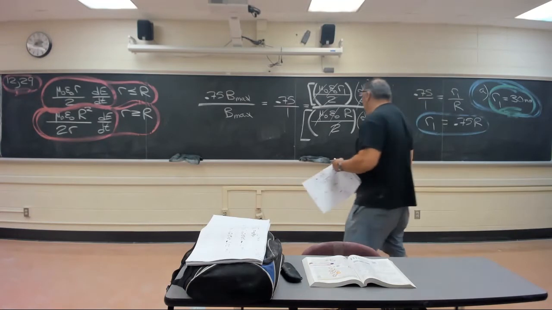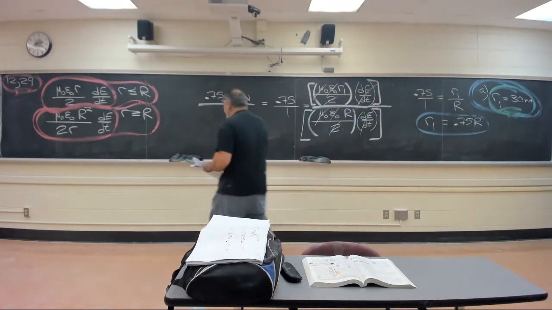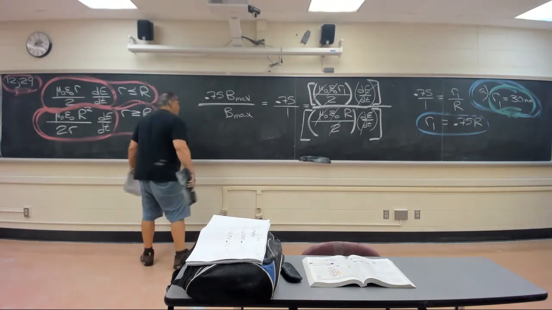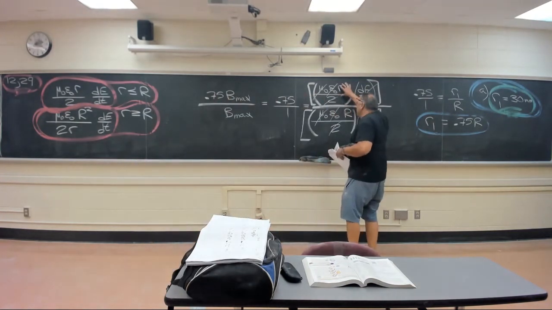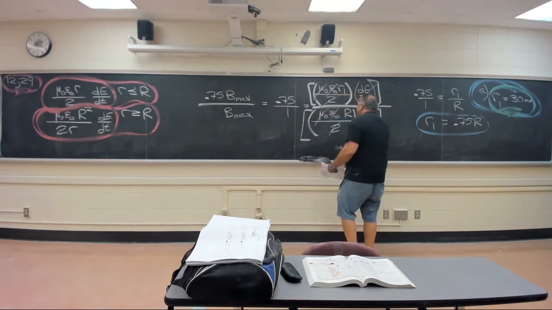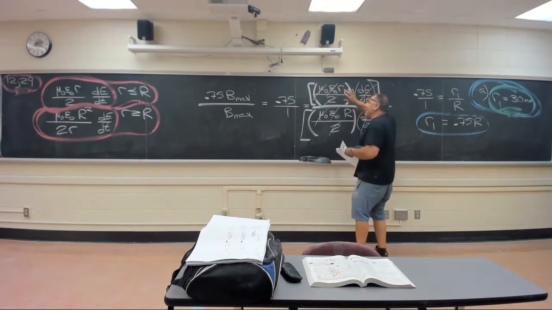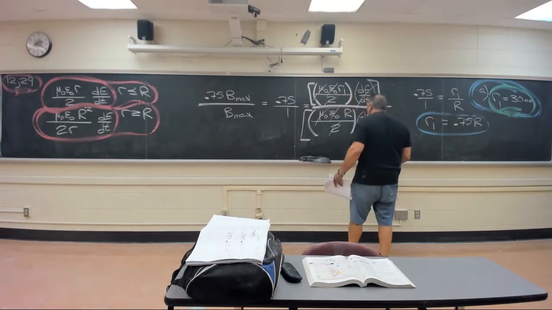where would the outside happen? In what circumstances would you get the outside guy to be working like that? Well, look, I went value on inside divided by max. A particular value on the inside divided by the max will give me 0.75, and we solved it. Now we're going to take a value on the outside divided by the same max, and can that also give us 0.75, and can we solve it?